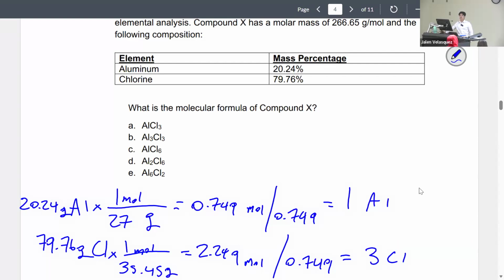Okay, is everybody good so far? Anybody lost? Okay. So, like we said, this is giving you the ratio. Once you divide here, this is giving you the simplest ratio. In other words, it's giving you the empirical formula. So what's my empirical formula? Good, it's AlCl3.